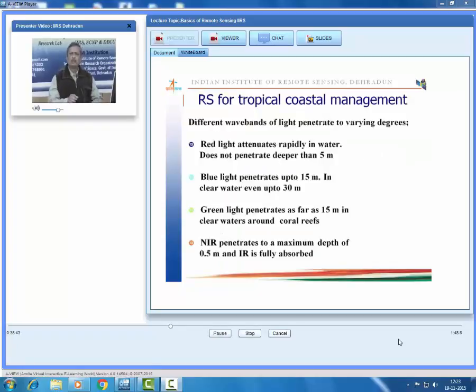When you talk about tropical coastal management and remote sensing, I feel it is very important to understand the depth of a coastal area at a particular place, and whether remote sensing has any role to play with the depth. We know we can get depth information mainly from various organizations, particularly the Indian Navy. We have an office in Dehradun called the National Hydrographic Office.